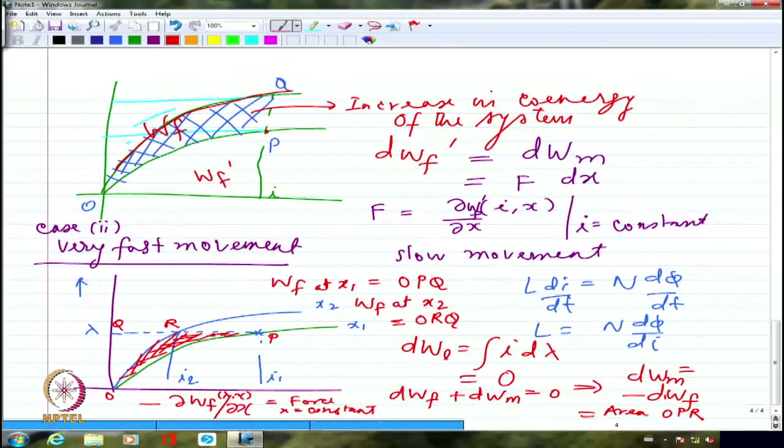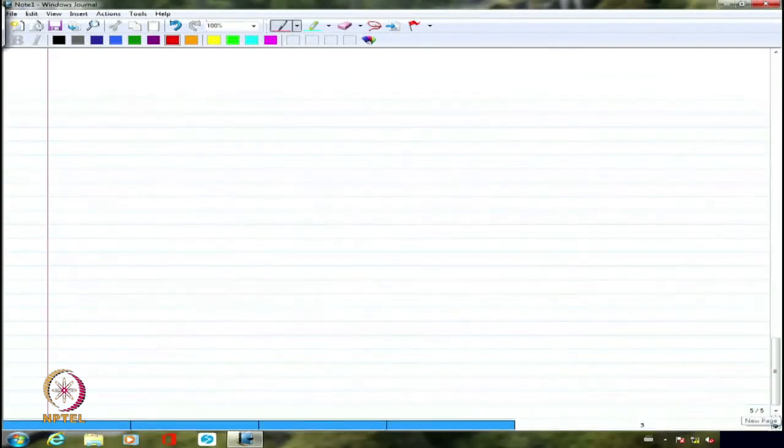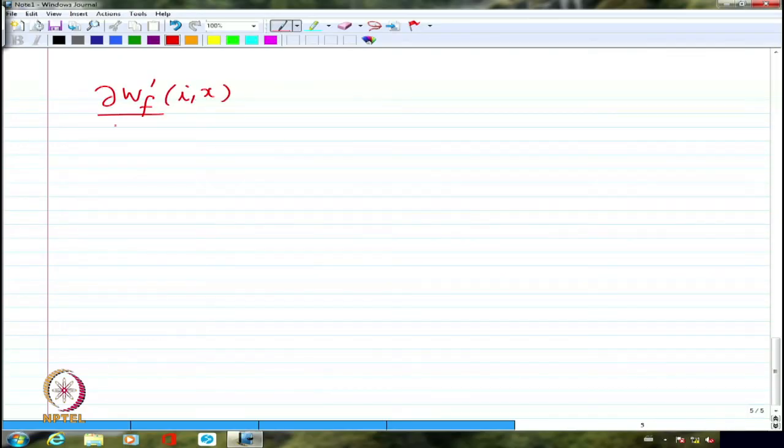Let me write these two expressions once again. Let me write that dou Wf dash, which is a function of I and x, divided by dou x, with I equal to constant, will give me the force. This is for slow movement.